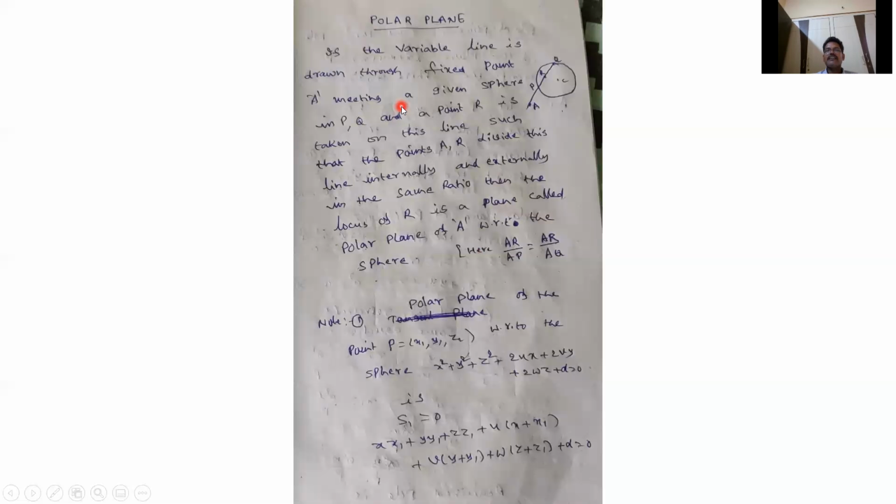Equations 1 and 3 represent the same equation because it is a polar plane of this point. When we say pole of this plane, it means the plane is the polar plane of P, so P is the pole.